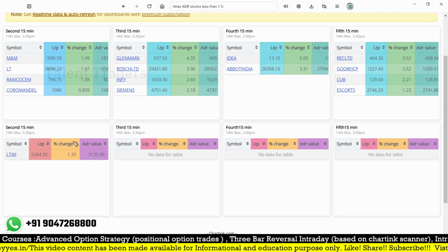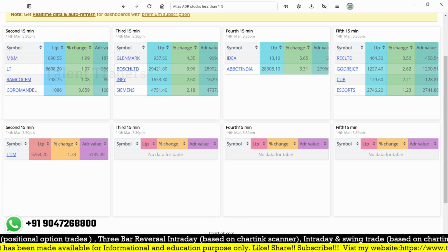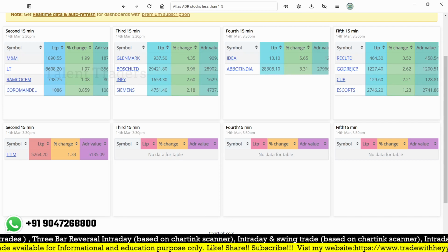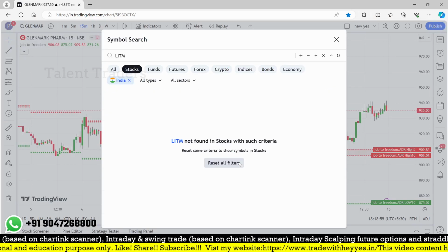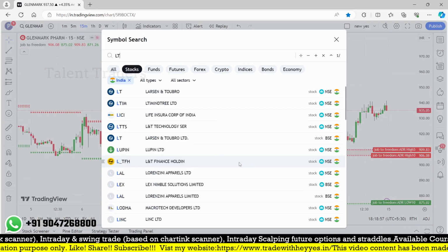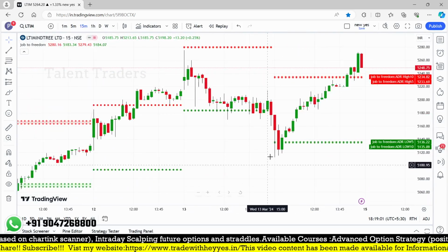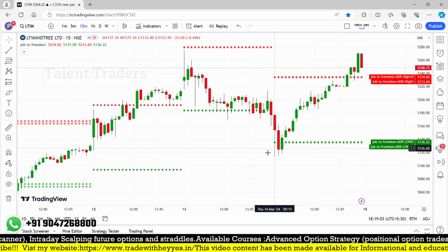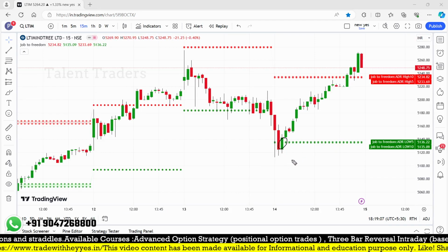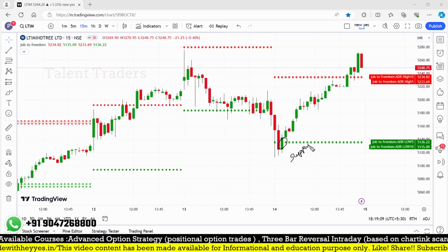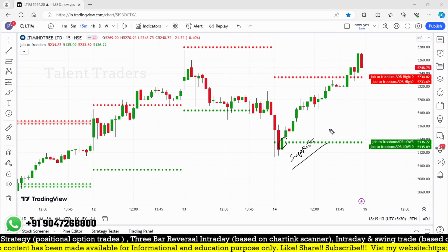On the first candle, only LTIMindtree is the stock which is moving to the downside. Yesterday the overall market was down, and today it has recovered slightly from that level. You can see exactly that it closed below the level, and we already discussed that this level also works as support. Here it acts as support, but we are looking for a trade opportunity.